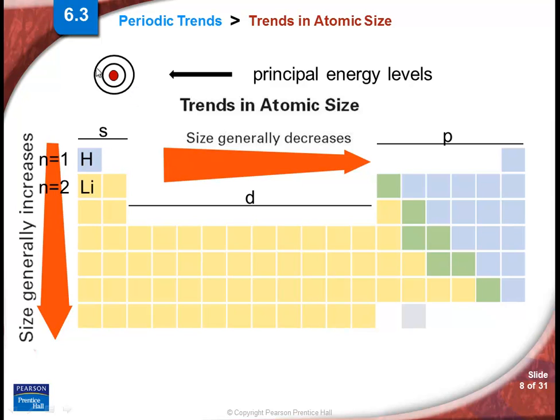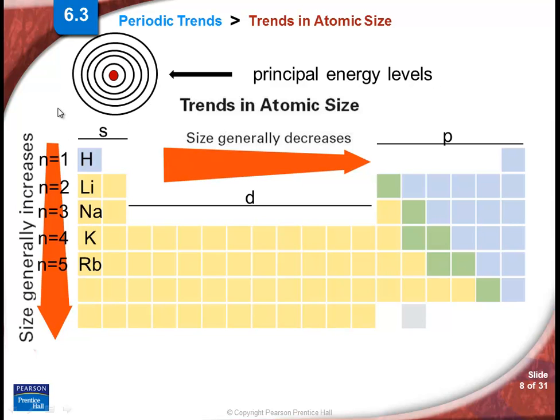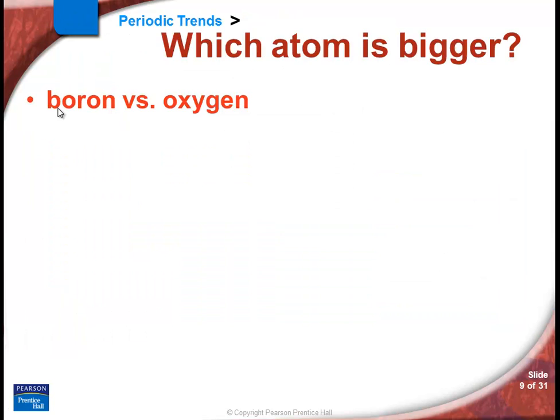Lithium has an electron in the second principal energy level, and I'm using this kind of cartoonish Bohr model just to convey why the atoms are getting bigger as we go down. They're getting bigger because we're adding more principal energy levels, and the higher you go in energy, the further away those electrons are going to be from the nucleus. And so that's why they get larger.